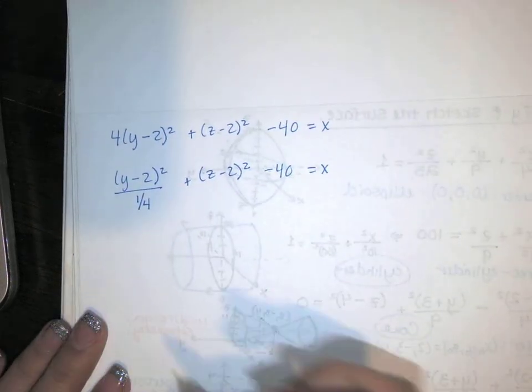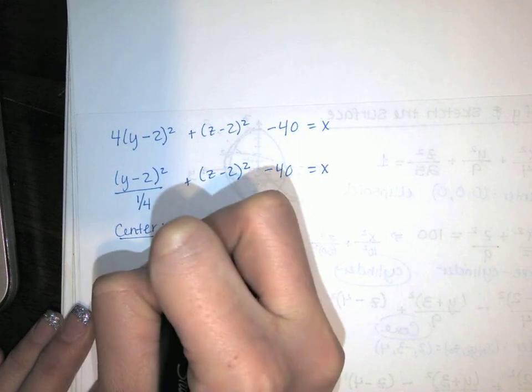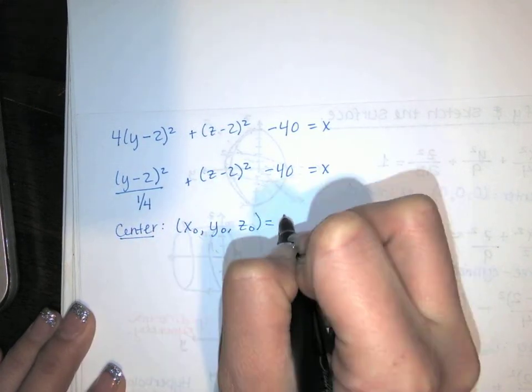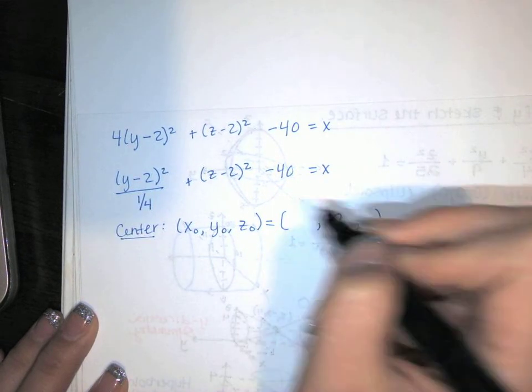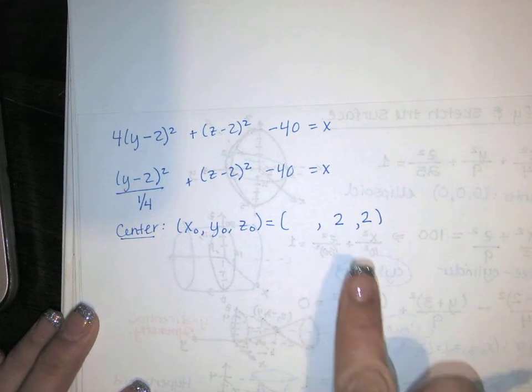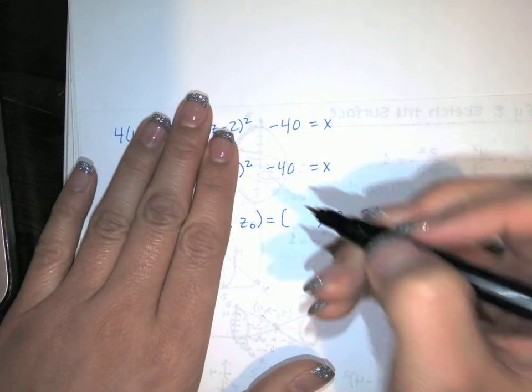Okay, so let's identify the center. X naught, Y naught, Z naught. Since X is raised to the first, we'll do that last. Y naught is 2. Z naught is 2. And when Y and Z are 2, these guys are gone. So X is -40.